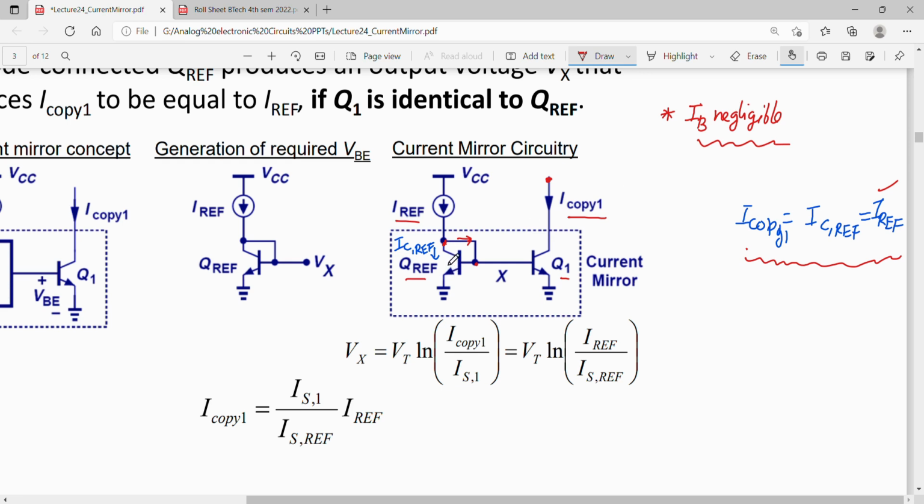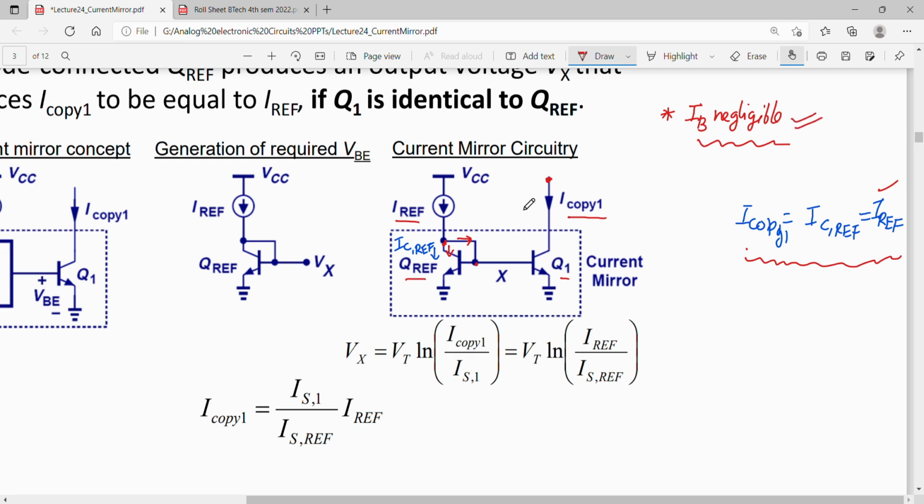So if the current going into the collector of the reference transistor is, let us say, IC ref, that is the collector current of the reference transistor. Okay. So this collector current of the reference transistor will be equal to the reference current only when IB is negligible.